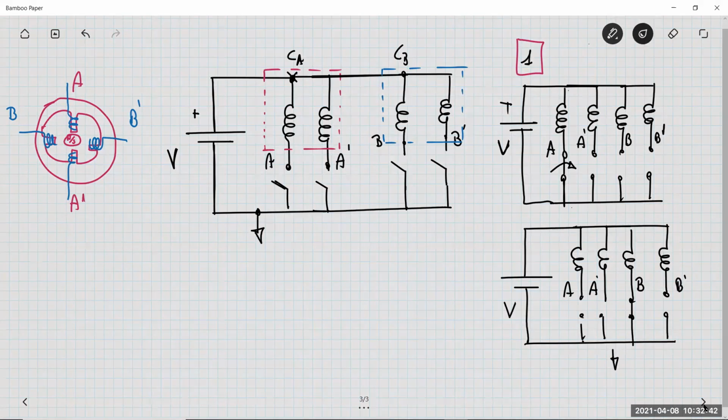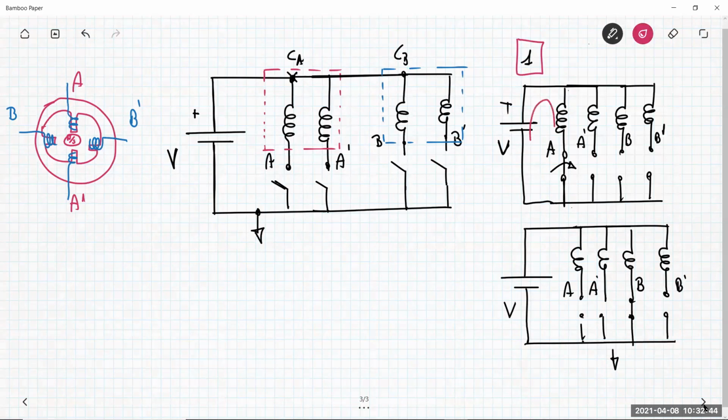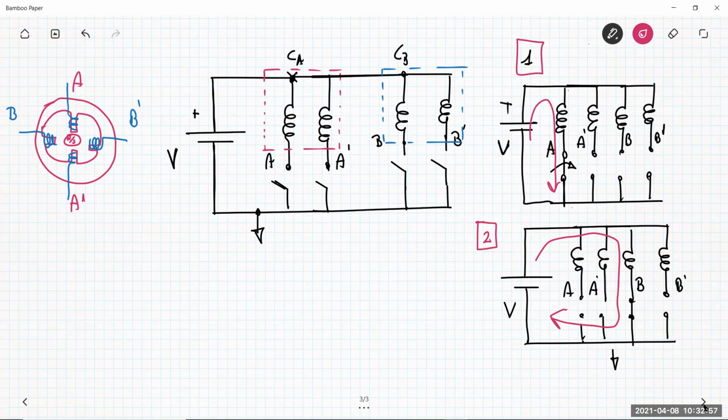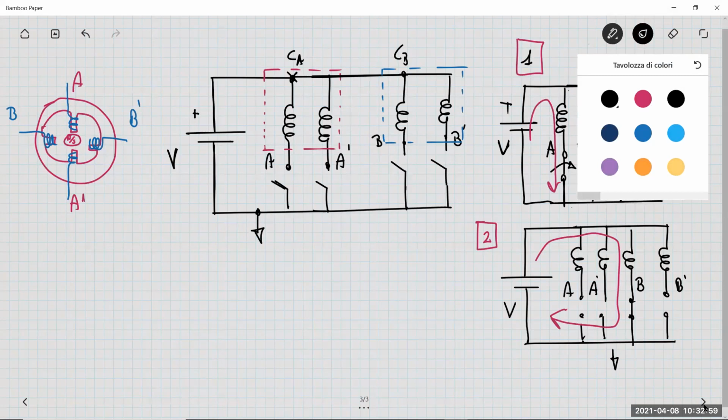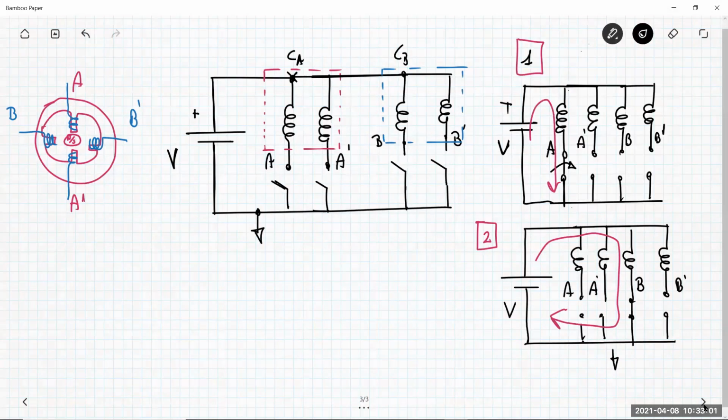Okay, so in the first case, the current flows in this way. Now the current flows here. This is step number 2 in my previous discussion. Okay, then I have to energize again phase A, but now the situation is that I have to connect A prime.